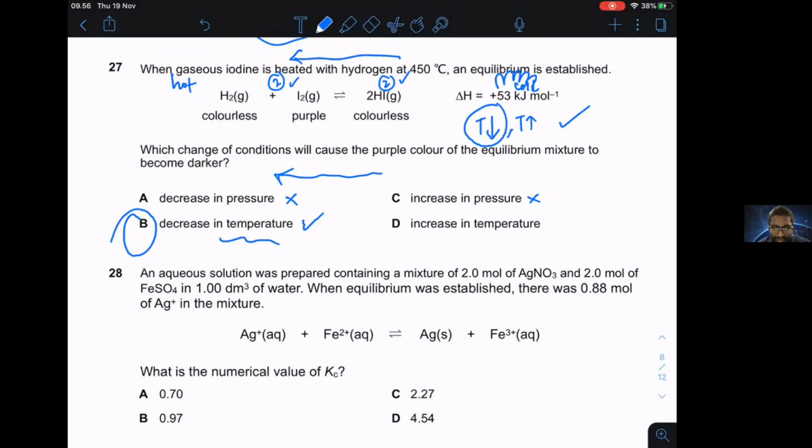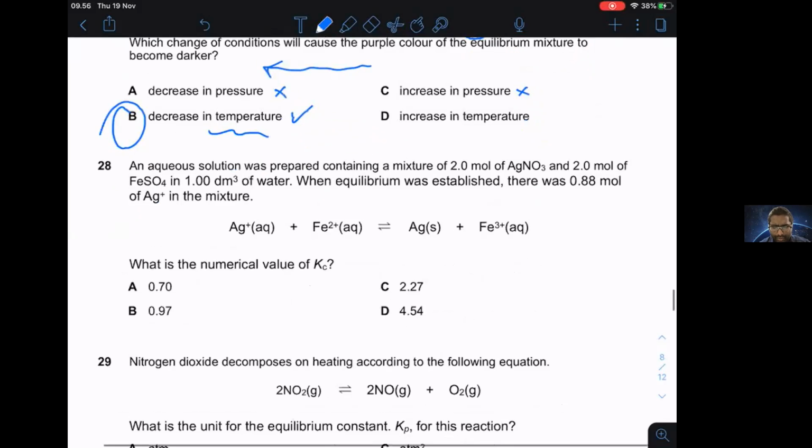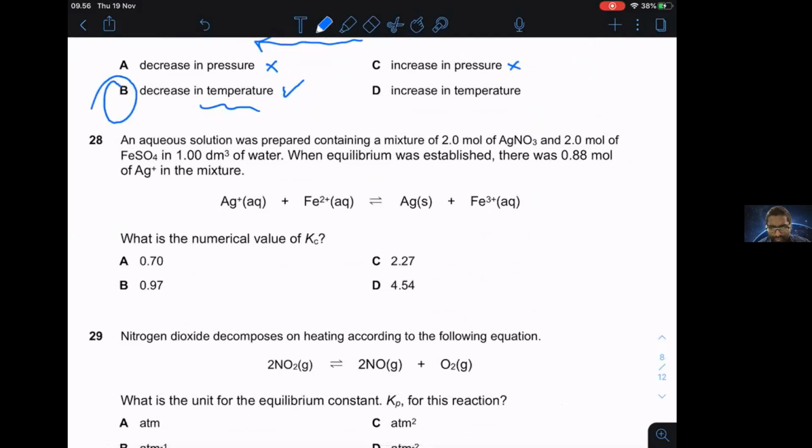The next question is about Kc. One thing we need to take note of whenever we are calculating Kc is that we do not include solids. An aqueous solution was prepared with a certain number of moles in 1 dm cube of water.